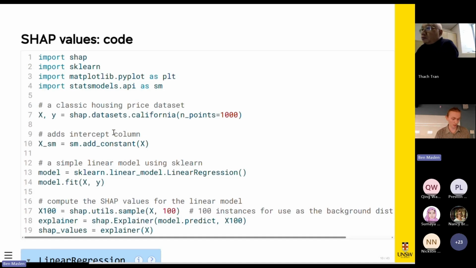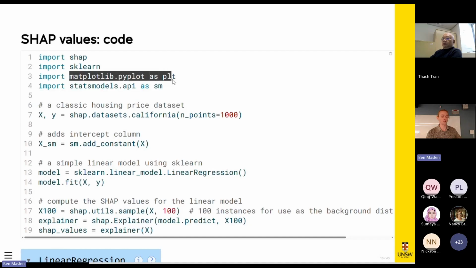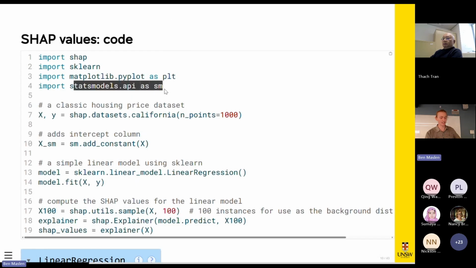We're going to import some libraries here in Python. We're going to import the SHAP library, the sklearn library or package, whatever you call it. We're going to import pyplot from matplotlib and call it plot, and sm from statsmodels.api, which is just to add in a constant to our data set.